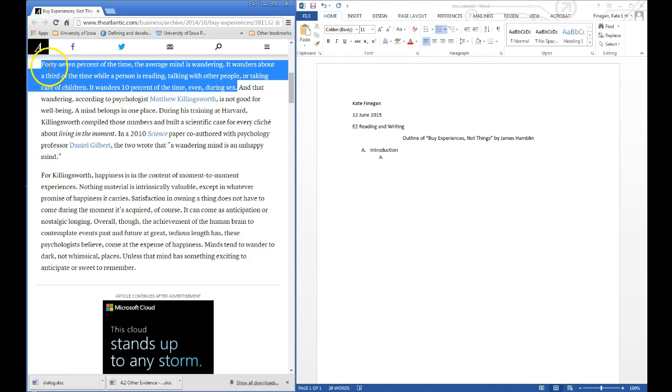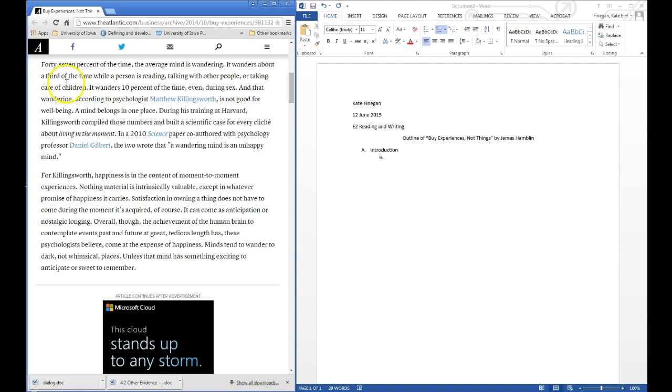Well, we have a lot of numbers, right? And these numbers are pretty high. And this especially is surprising. Okay? So I'm going to write hook. The author gets the reader's attention through surprising facts and statistics.